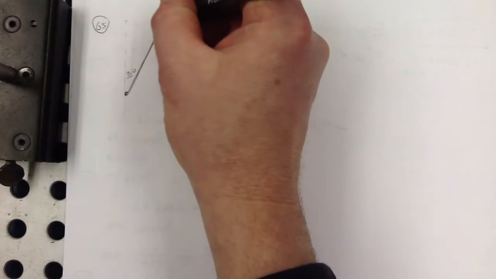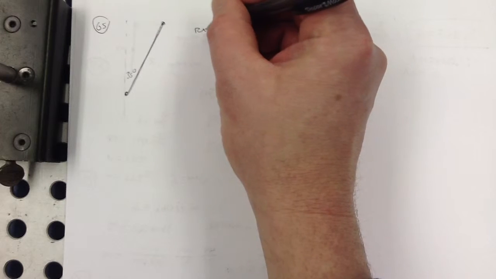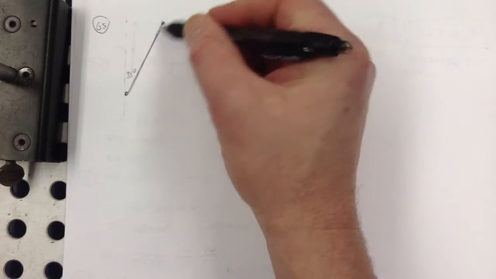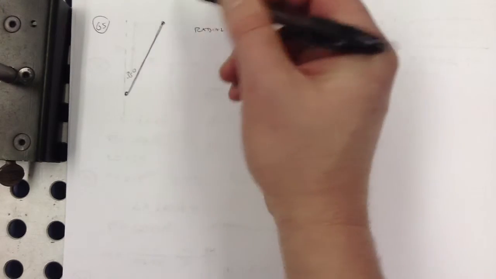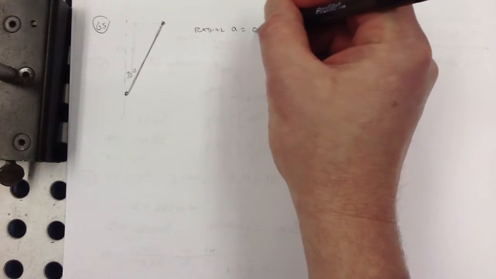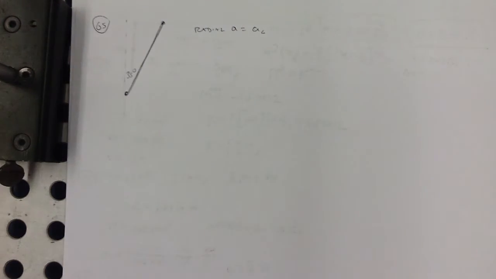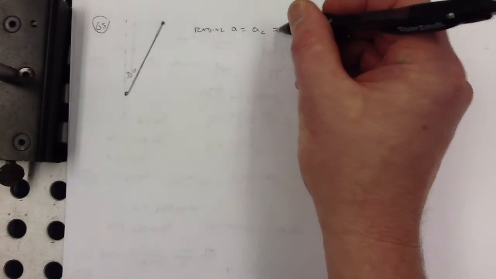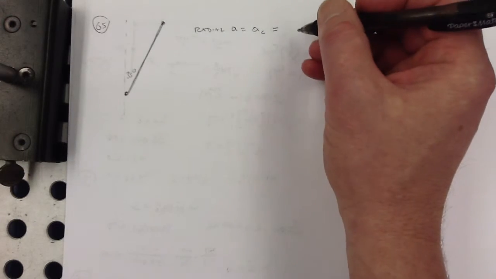They want to know what's the radial acceleration of the top. Radial means along the direction of the radius. So radial acceleration in this direction, we're talking about centripetal acceleration. That's just another word for that. And I know that that's equal to v squared over r, right?